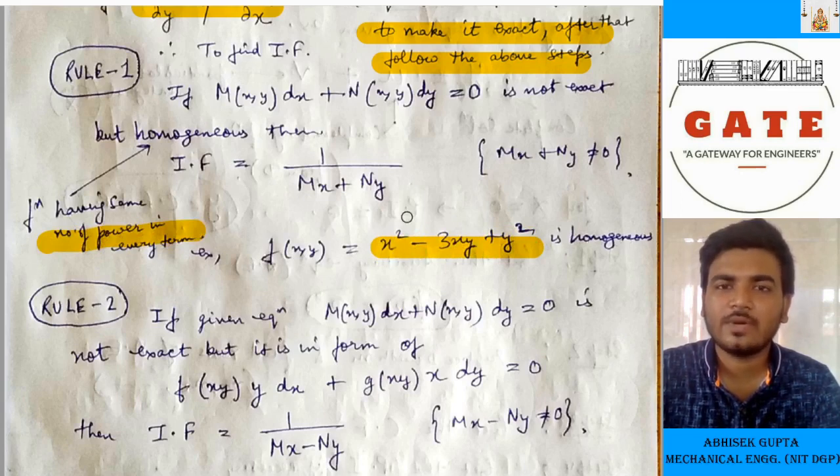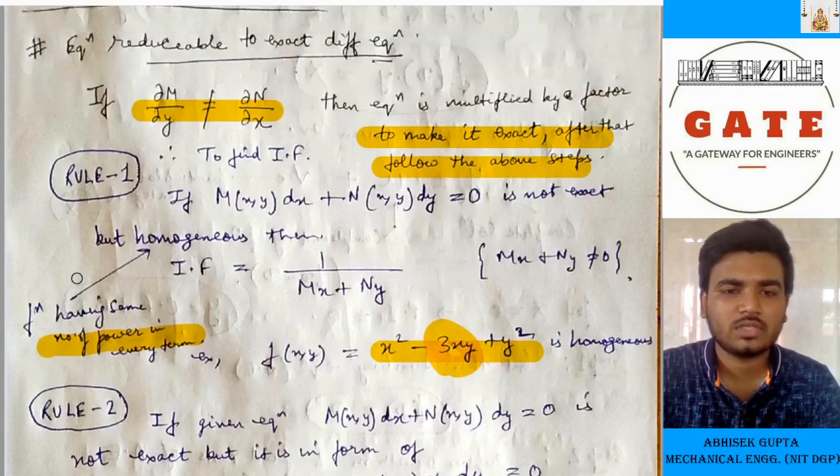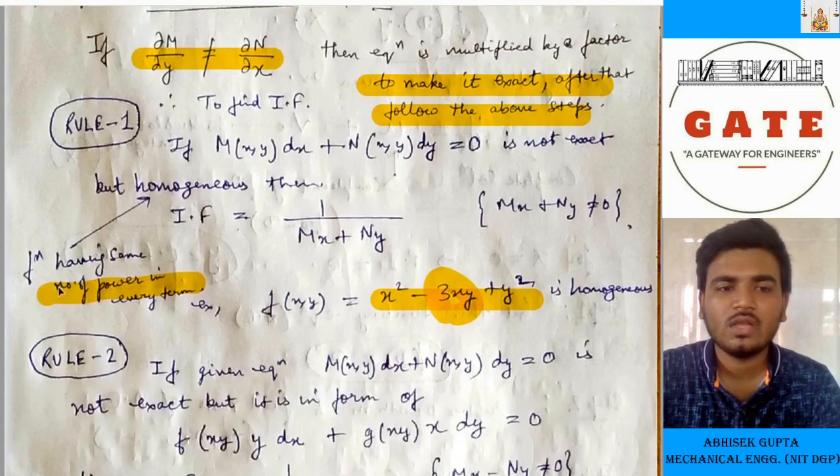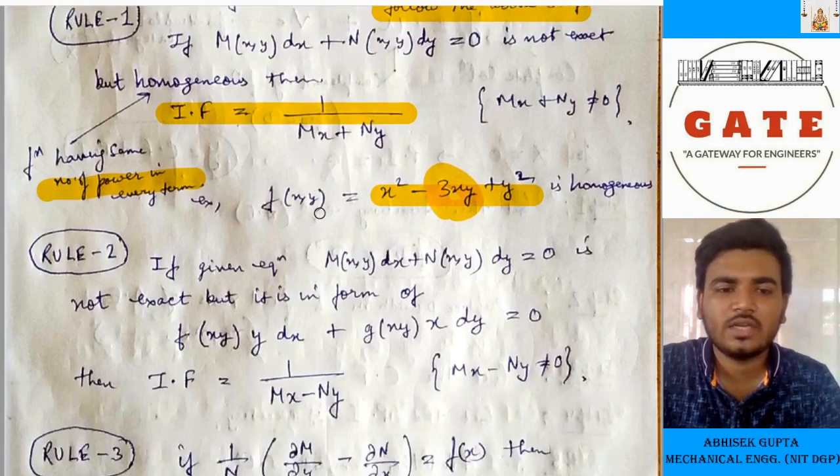Why? x power is 2, the term xy has power 2, and y also has power 2, so each term has a power of 2, so it is a homogeneous equation. If it is not exact but homogeneous, then the integrating factor is 1 by (Mx plus Ny).